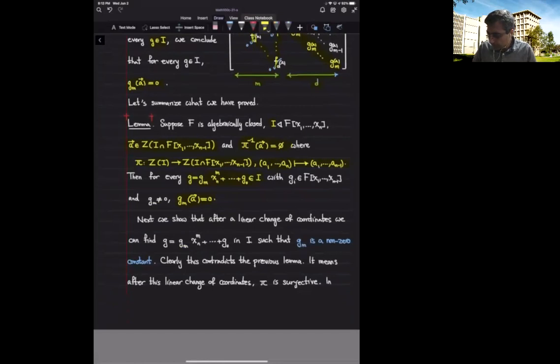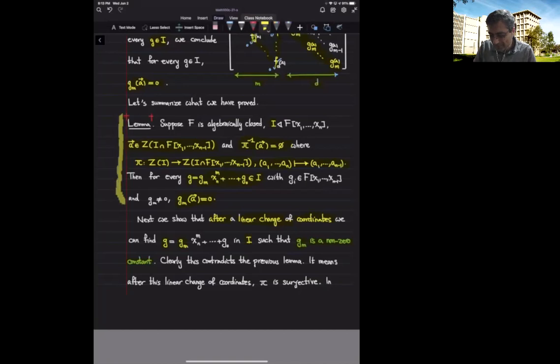So again, our goal is to find a linear change of coordinates that allows us to find an element g inside I, where g sub m, the leading coefficient, is a non-zero constant polynomial. This clearly contradicts this lemma, unless pi is surjective.